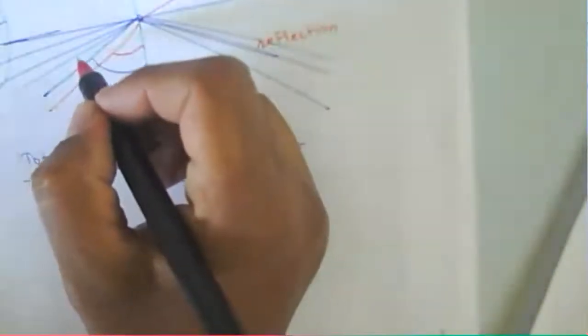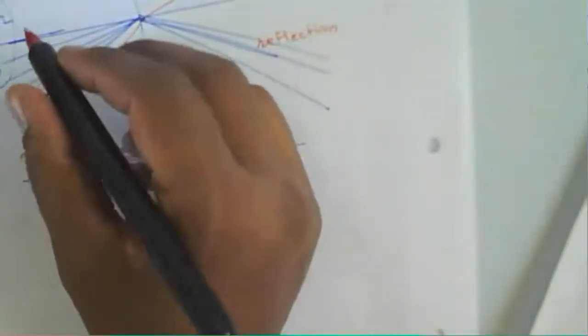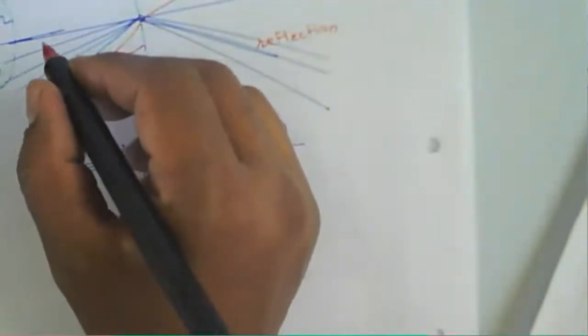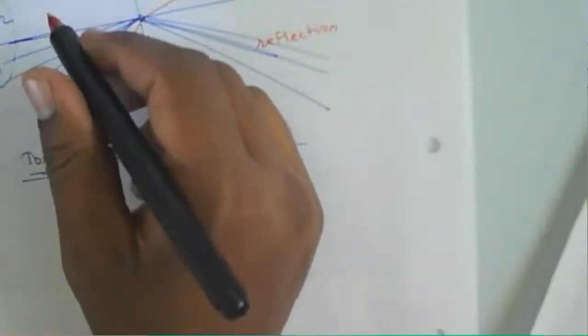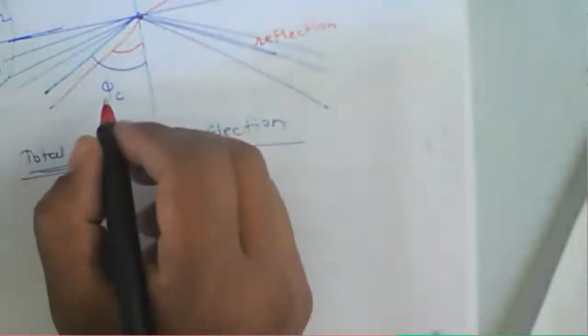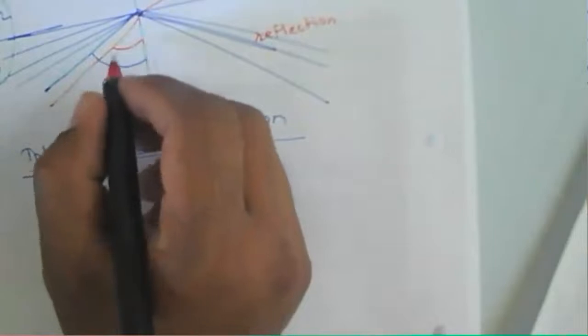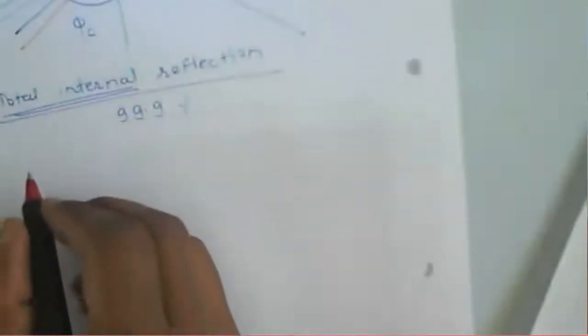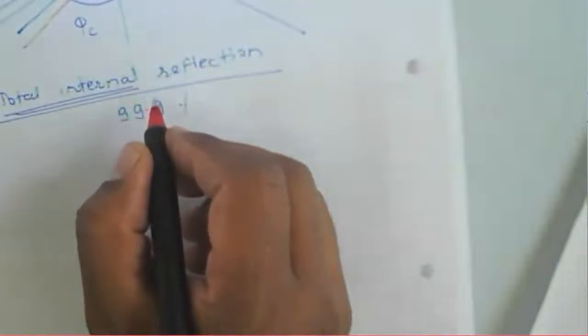Reflected, refracted. So that is the condition for total internal reflection, which occurs at the interface between two different dielectric materials with a difference in refractive index values. It happens when the angle of incidence of the ray exceeds the critical angle.